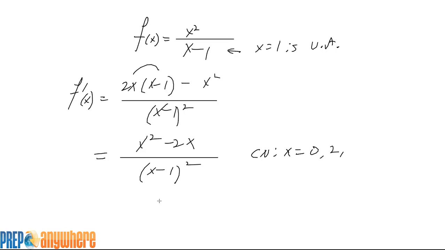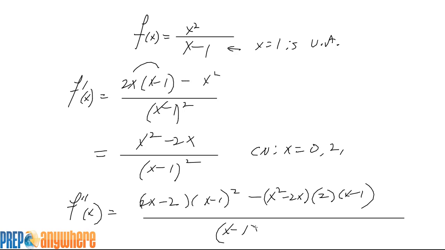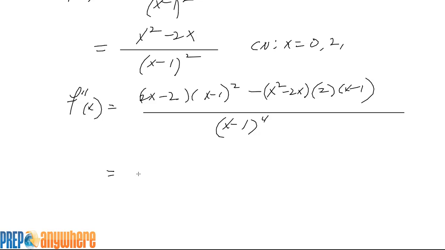Okay. Second derivative. So you get (2x - 2)(x - 1)² - (x² - 2x)·2(x - 1), all over (x - 1)⁴. What can we factor out here? We can factor out x - 1 and a 2.